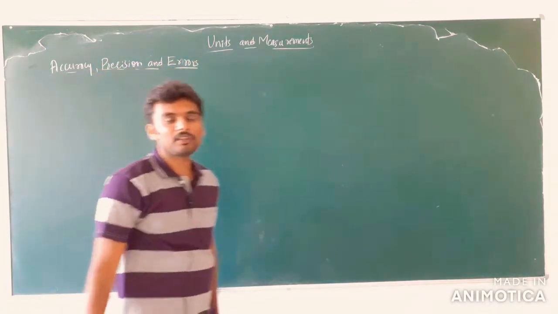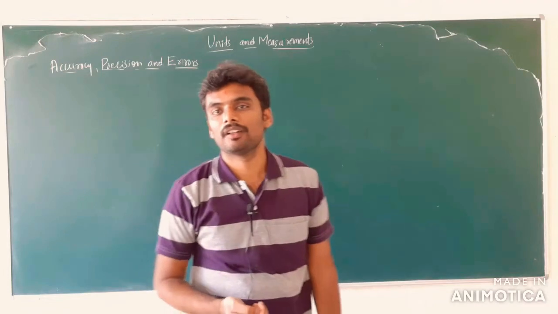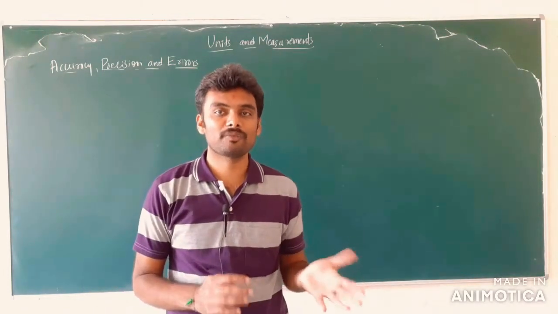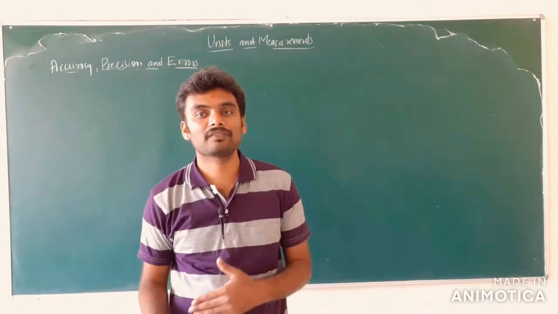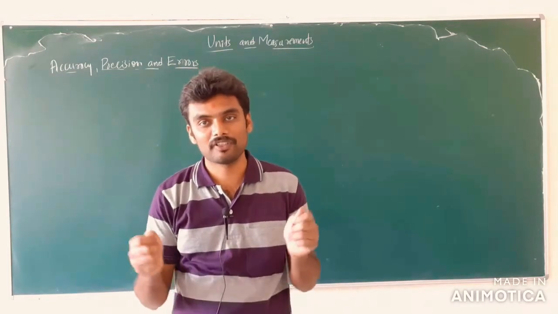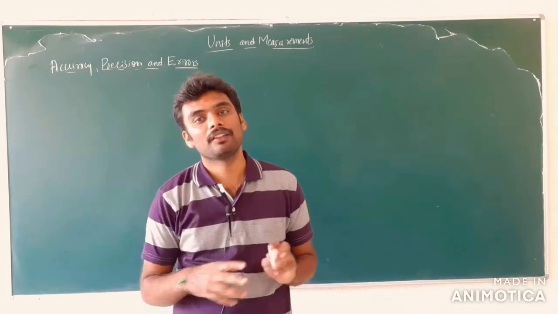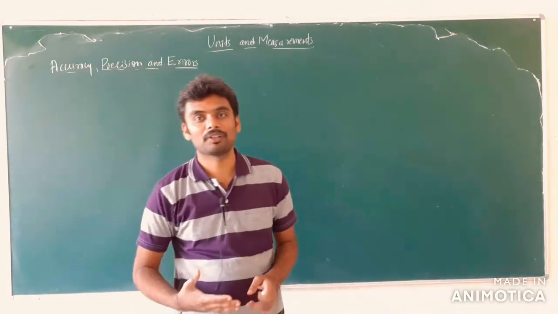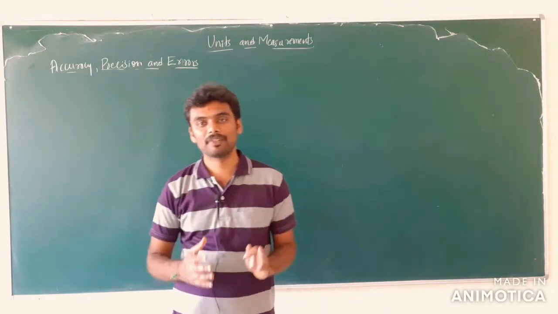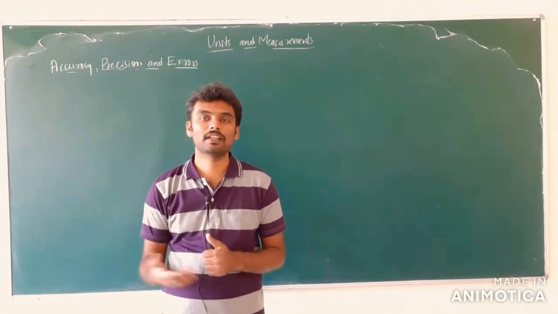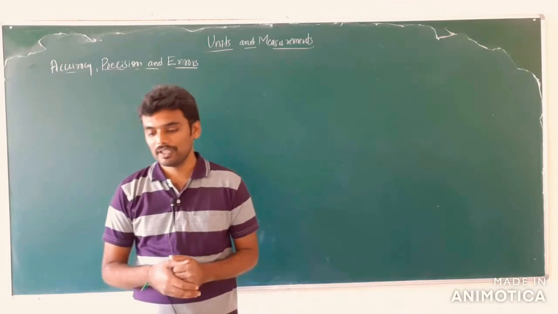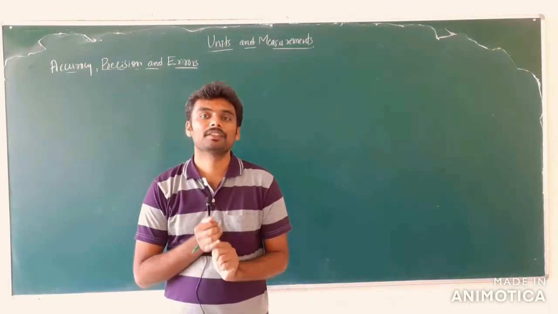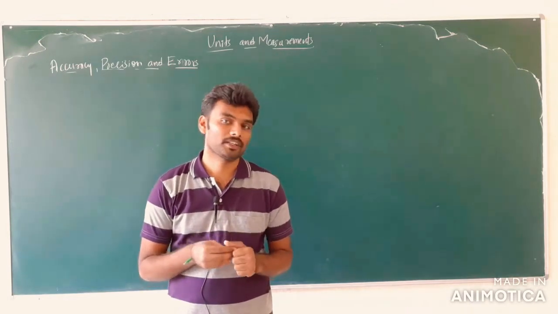See, whenever we measure any quantity, this is about actual real measurements that we do in our daily life and in the laboratories. Real measurements, not something theoretical, not something which is directly taken from the book. So when we measure something, we always expect the measurement to be more accurate, isn't it?